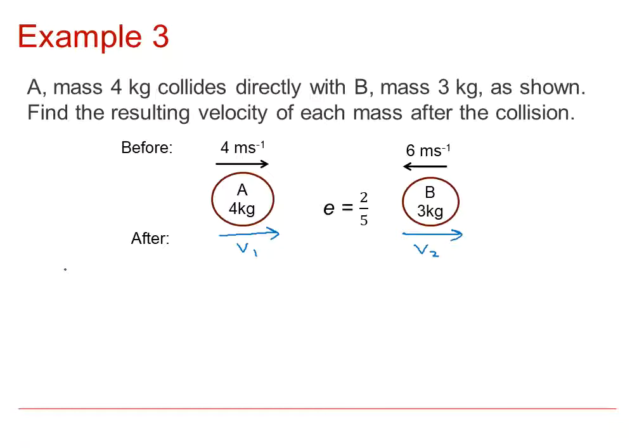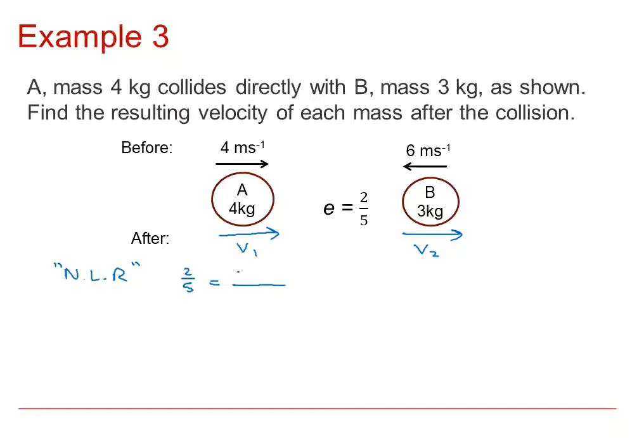So starting off with Newton's law of restitution as my first method. We've got e, which is given as 2/5, is the separation speed over the approach speed. Now if they are both moving to the right as v1 and v2, v2 must be a little bit bigger than v1. A cannot be going faster than B if they've just collided.